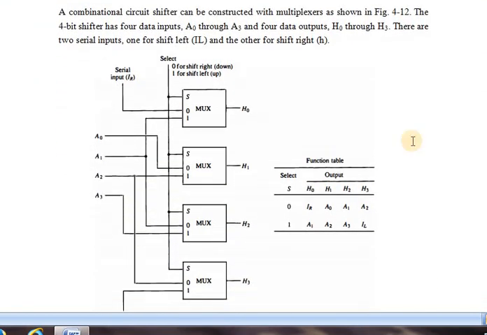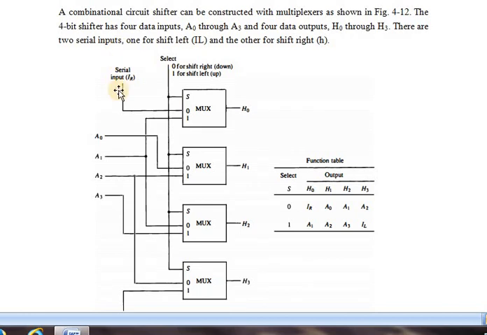The combinational circuit shifter can be constructed with multiplexers as shown in the figure. The 4-bit shifter has 4 data inputs, A0 through A3, and 4 data outputs H0, H1, H2 and H3.